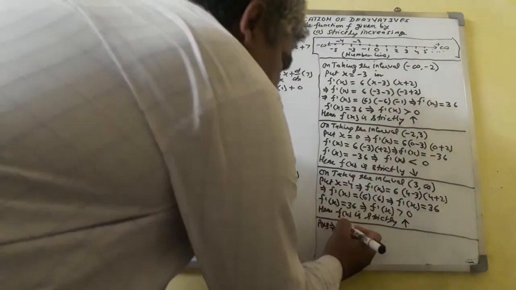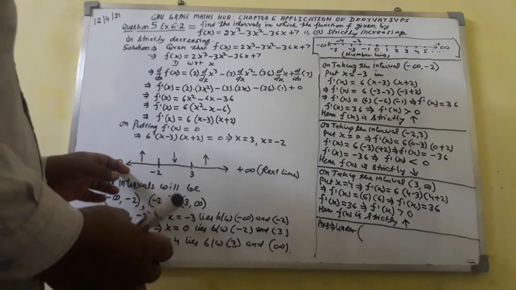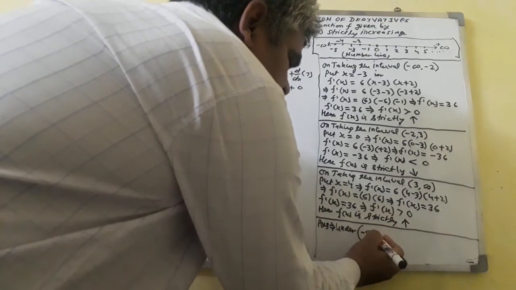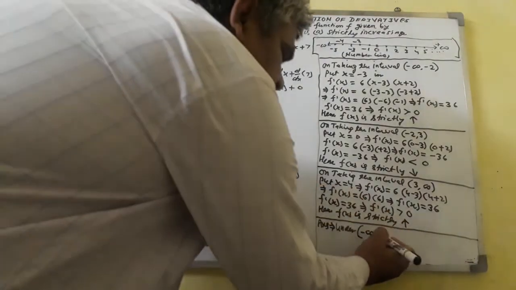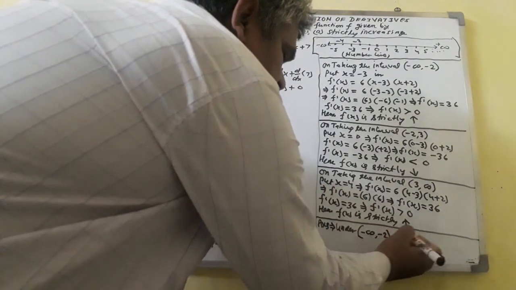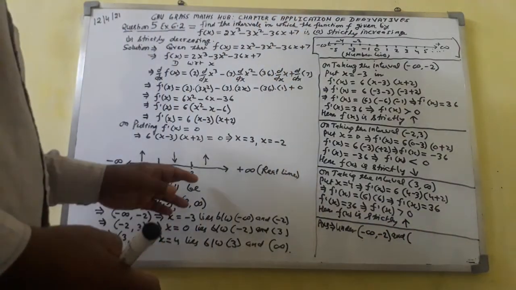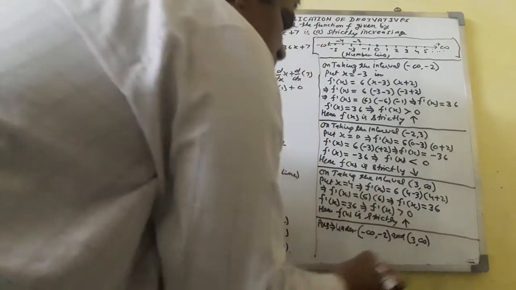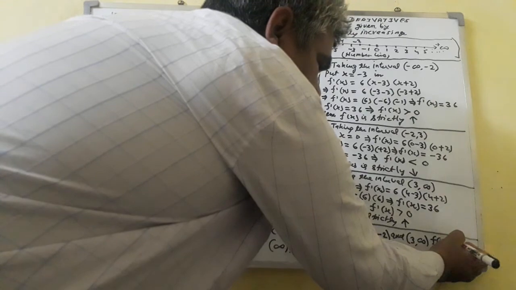Under open interval minus infinity, minus 2 and 3, infinity, f of x is strictly increasing.